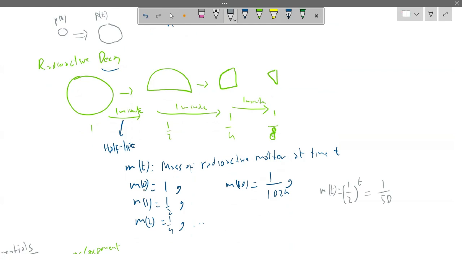Again, we know the powers of 2 here. 2 to the power of 5 is equal to 32, and 2 to the power of 6 is equal to 64. But there are no integers between 5 and 6, or seemingly no number in general, that if you plug it into this equation, it would give you 50. So how would you find this?